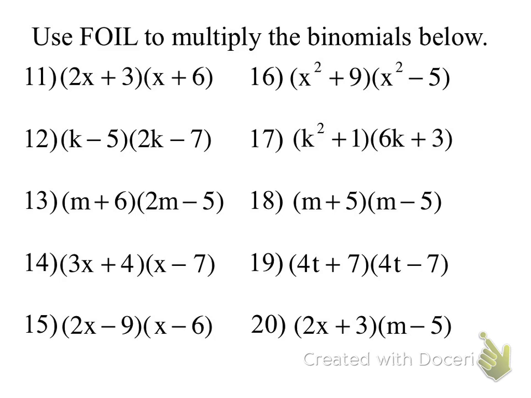Now, I want to go over something. Back in my day, we used FOIL. FOIL works great when you have a binomial times a binomial. I know many young teachers that don't like that term because really it only applies to multiplying a binomial times a binomial. If by chance you get a 2x plus 6 times 3x squared plus 2x plus 1, then we can no longer FOIL.